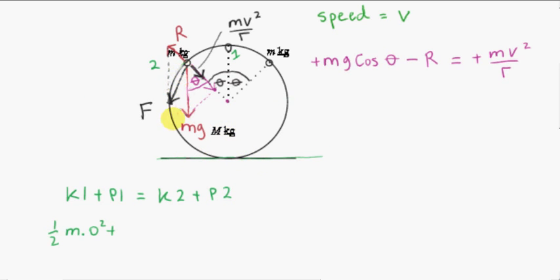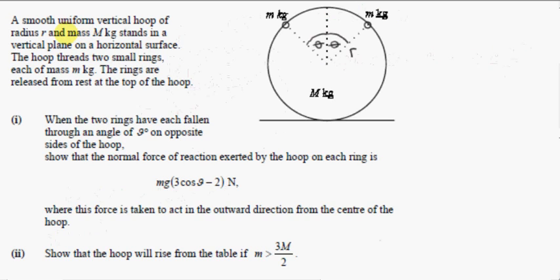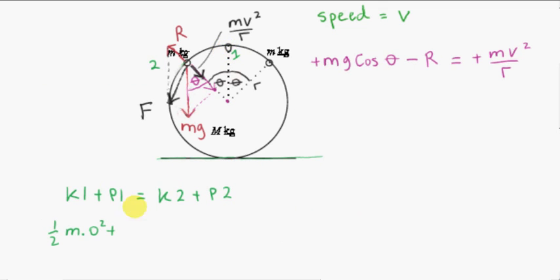So that will include all the situations where the ring is below the center of the circle. Now, as a reminder, the radius of the hoop is r. So to get the potential energy at position 1, we multiply mg by the height, which will be the sum of the two radii, the diameter, which is 2r.